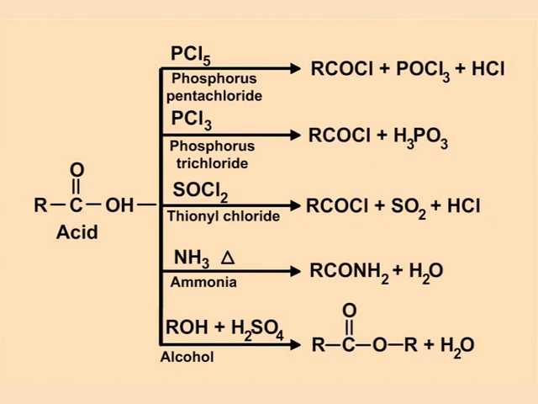We also learnt the acid derivative acid halide, which could be formed by the reaction of acid with phosphorus pentachloride, phosphorus trichloride, or thionyl chloride. Acid amides are formed by the reaction of acid with ammonia.